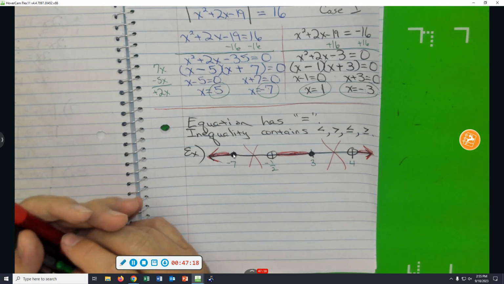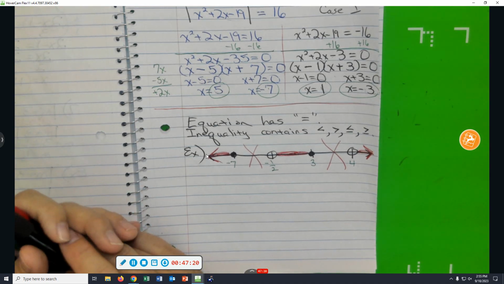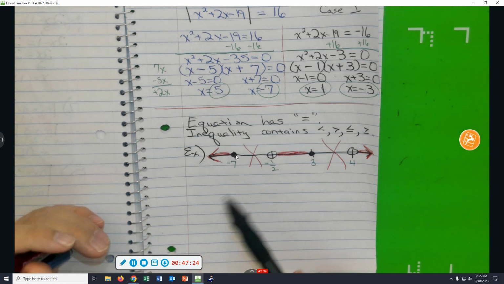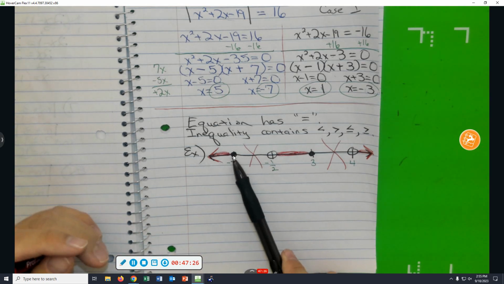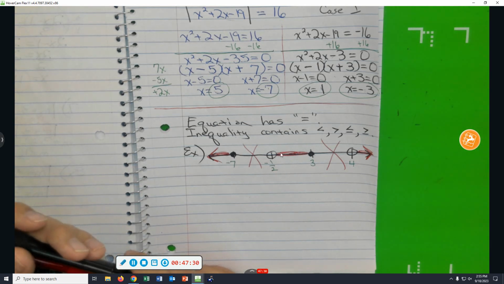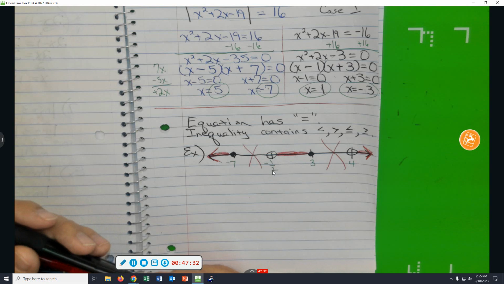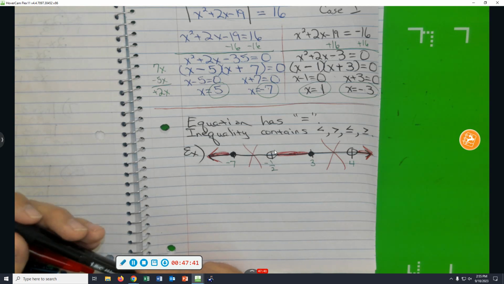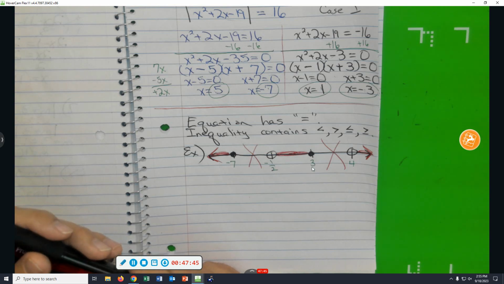In words, which regions are shaded red? Well, the first region is anything to the left of -7, including -7. Now, this middle region that's shaded red, that's all the numbers between -1/2 and +3, not including -1/2, including 3.